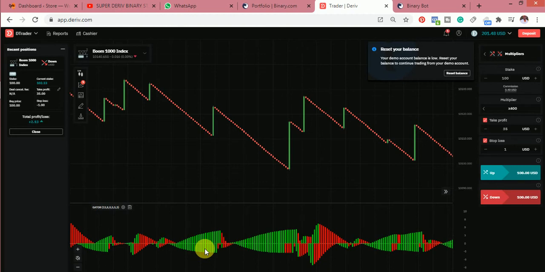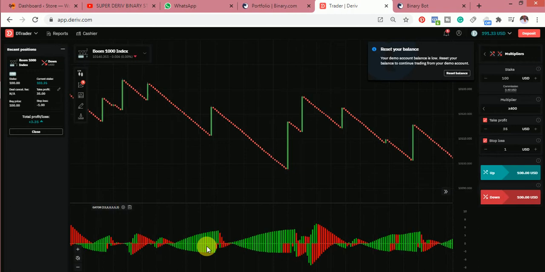Once you receive the first red or two reds of this boom candle, you get off the market, you sell to market, and then wait till the boom has occurred.